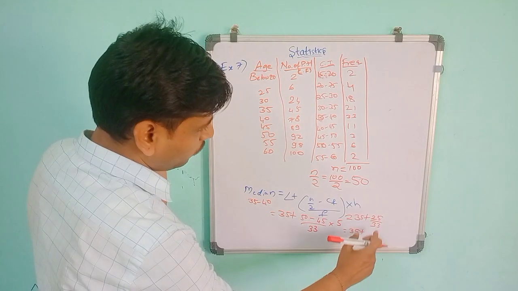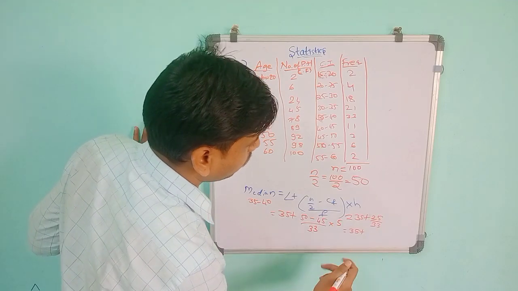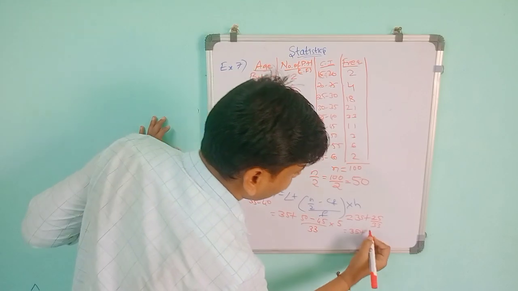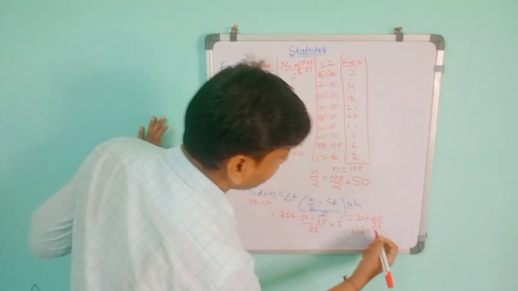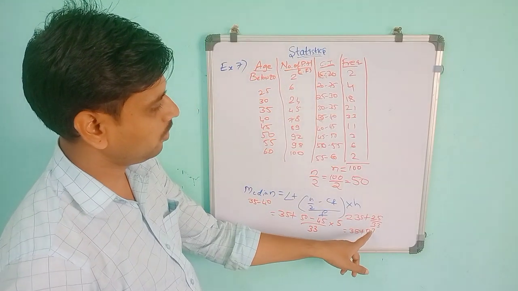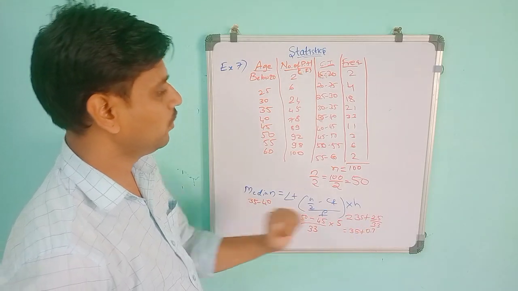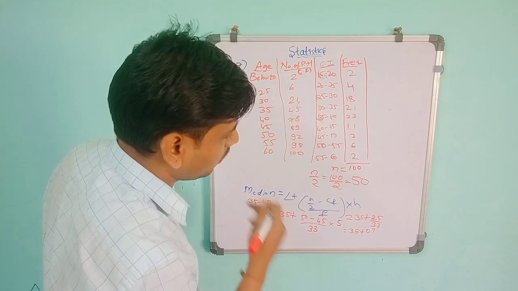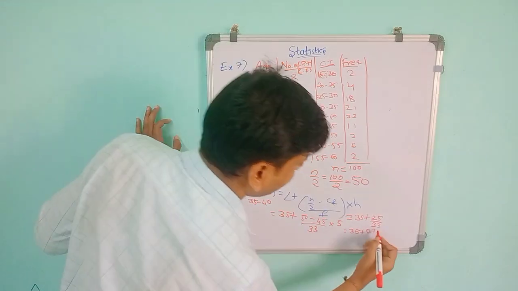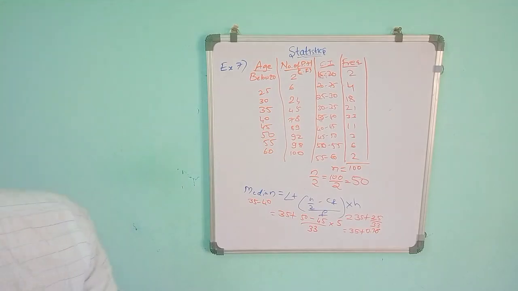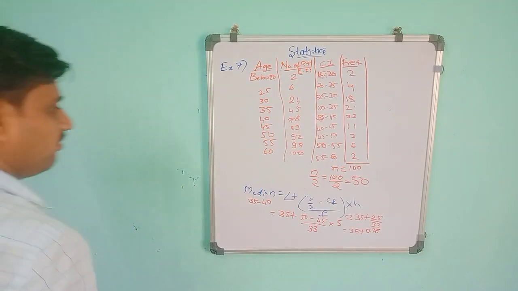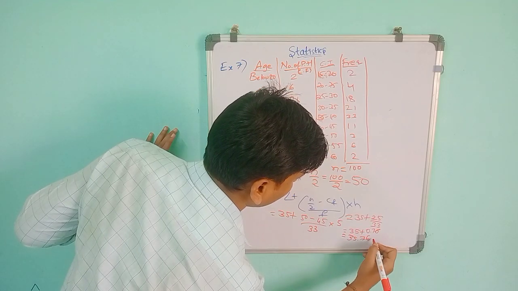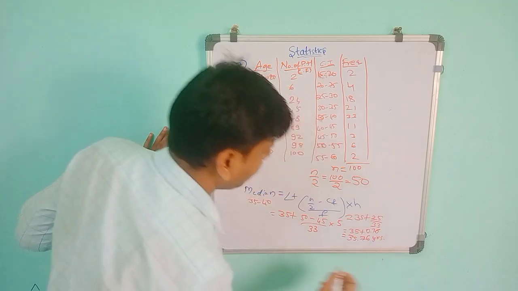Now we divide 25 by 33. 3 7s are 21, 3 8s are 24, so you can take 0.7. 33 times 7 is 231. 250 minus 231 gives 19, so 190 and so on, and 3 6s are 18. So we get 35.76.